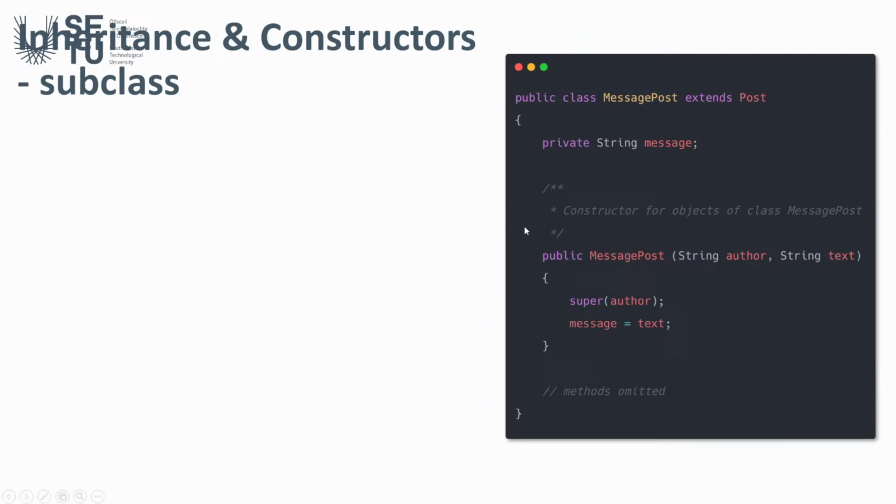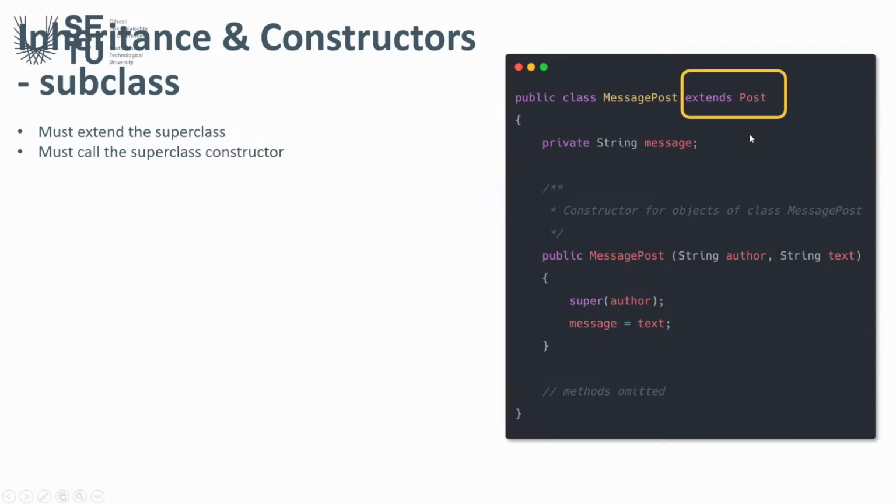Our subclass must extend post, because we're inheriting from it. That's one difference. We must also call the constructor. The first line in our constructor must be a call to our superclass's constructor, and we have to pass it the information that it requires to do its job.